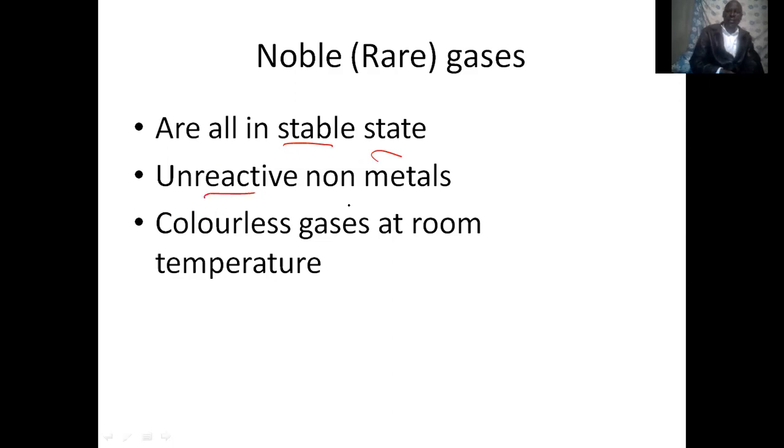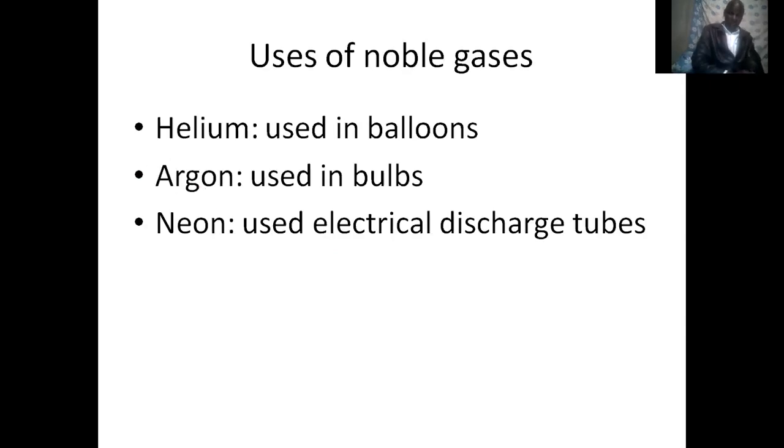They are non-metals, and mainly gases at room temperature. Not much is said about them because of their lack of reactivity. However, they have very essential uses because of their unreactivity and their density.